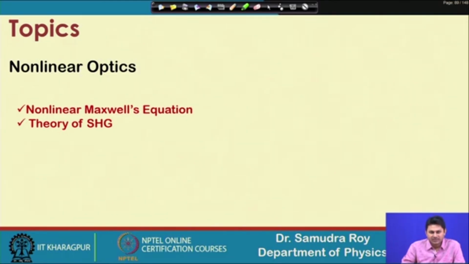But the detailed theory is still missing, because we do not know exactly what is happening inside the medium and how the second harmonic fields are evolving. That is still quite hazy. So, in order to understand the details of second harmonic generation, or the basic physics of what is going on inside the material, it is important to know the meaning of nonlinear Maxwell's equation.